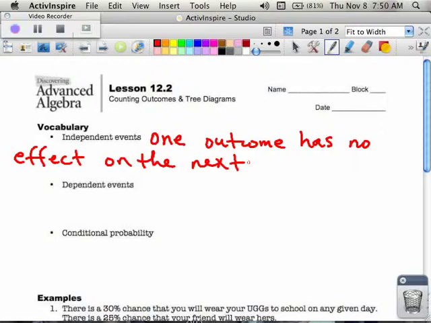Whereas when they're dependent, which is the next phrase, that would be, for example, if I have a deck of 52 cards, a normal playing deck of cards, and I say, Yannick, pick a card, and he draws out the Jack of Diamonds. And I say, you hold on to that card, Yannick. And I go over to Caroline, and I say, Caroline, pick a card. The probability of Yannick picking a diamond was a 1 in 4 chance.